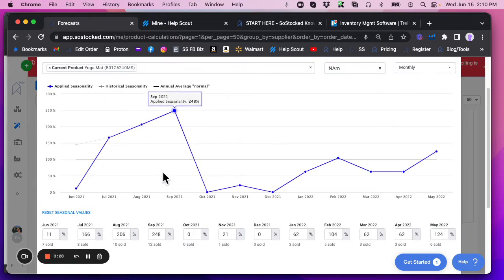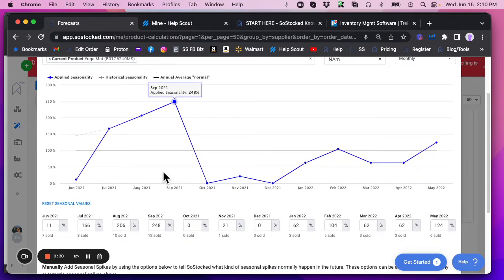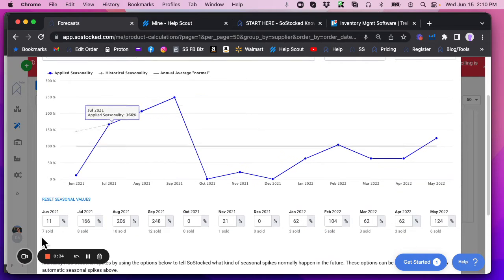So I've made a simulation here to give you an example. Just to back up on how the calculation works: last June, we sold 11 units. What our real percentage was is here, but I've lowered this down to 11 to give you a fake percentage. The calculation would basically say 7 units sold is 11% of what?